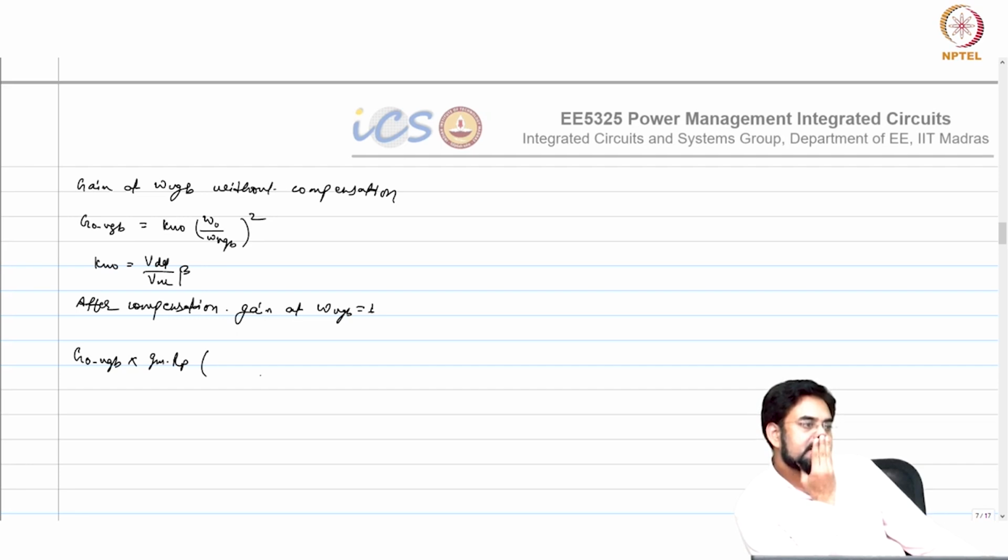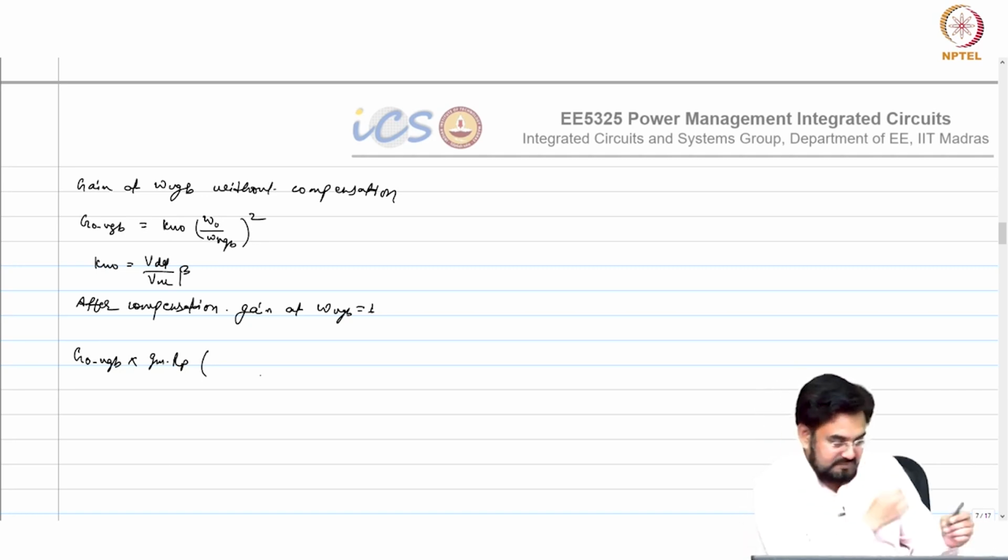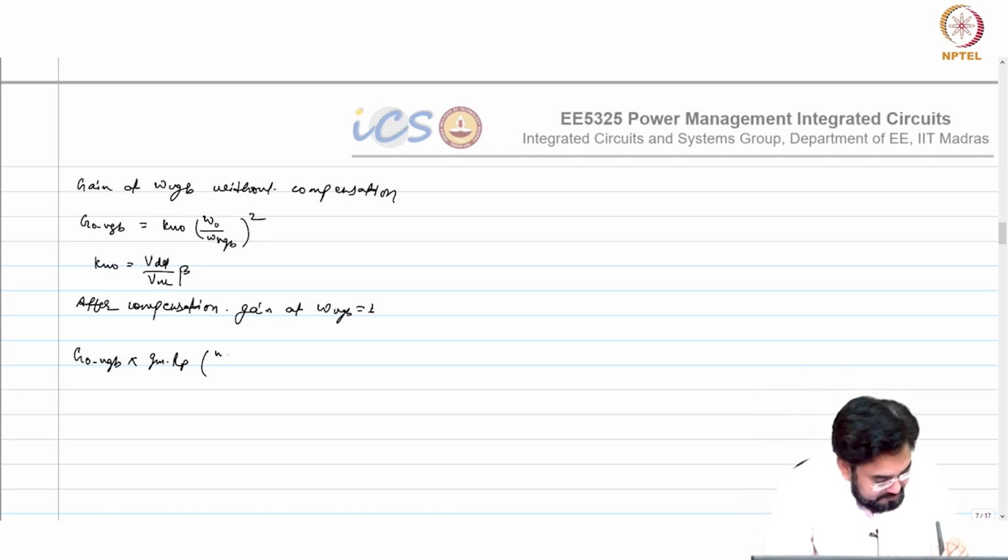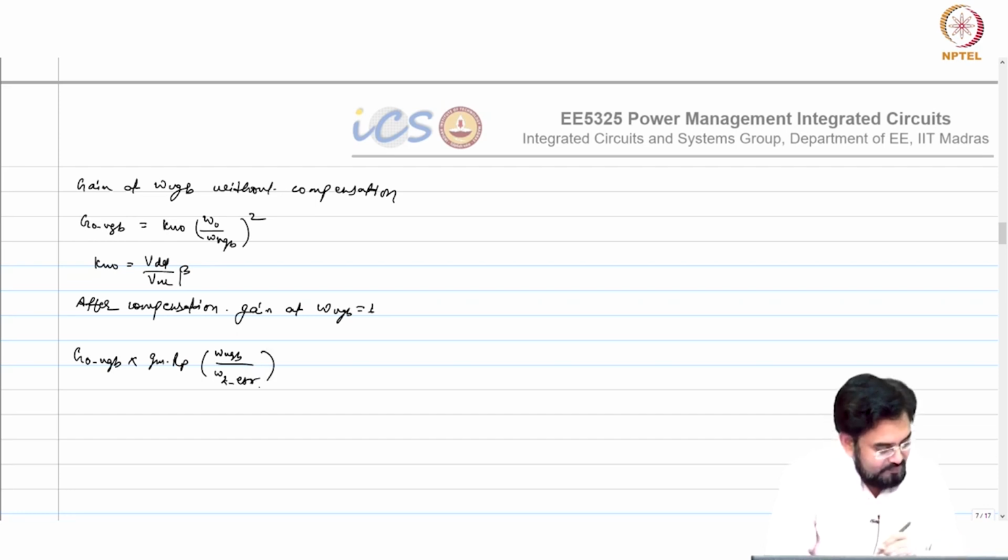Omega UGB by omega Z, or omega Z ESR. Okay. Substitute this and this should be equal to 1.